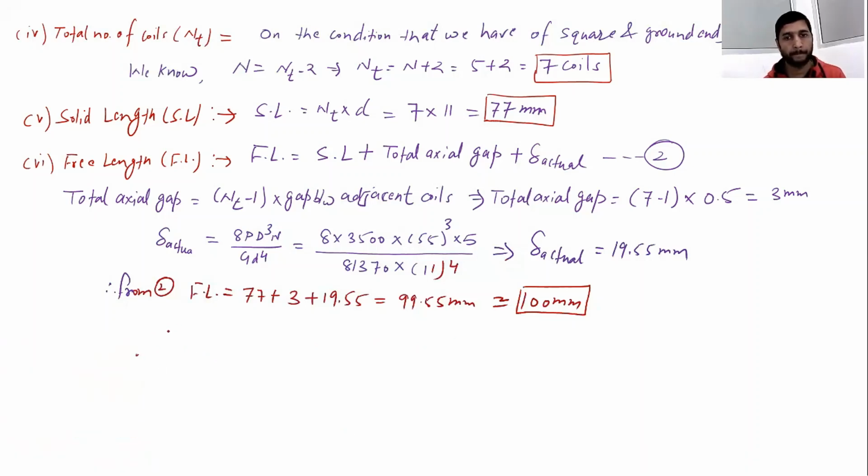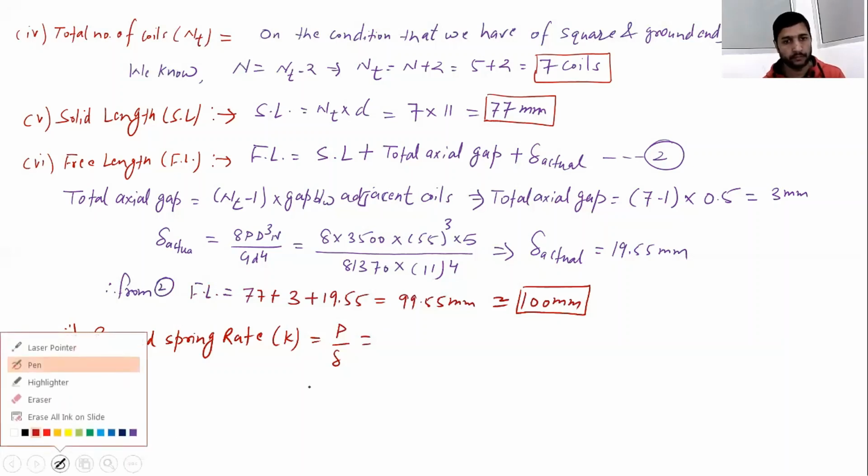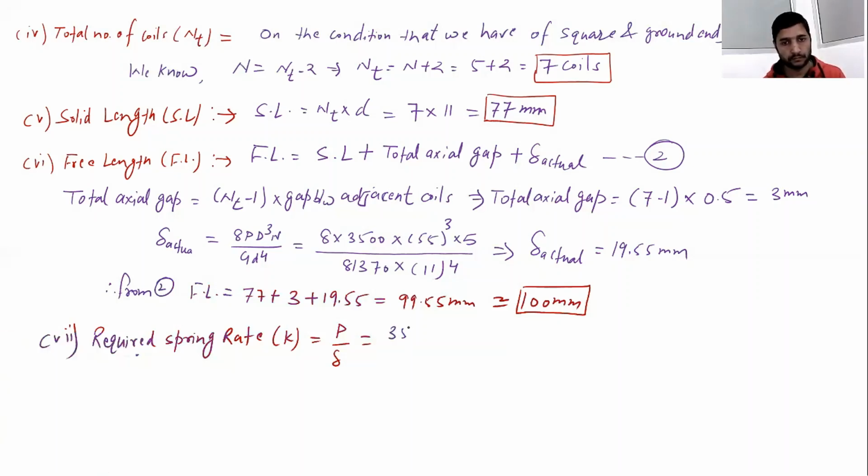Okay, now let us find out the seventh term, the required spring rate. In order to find the required spring rate K, we know we have the formula force per unit deflection. Okay, and force is varying from 3500 to 2500.